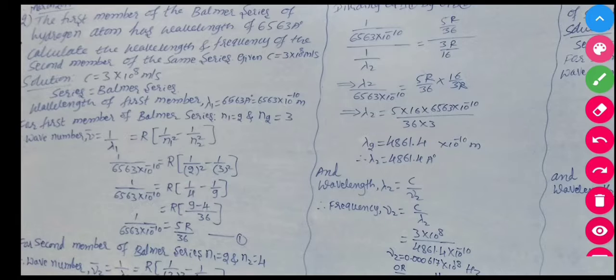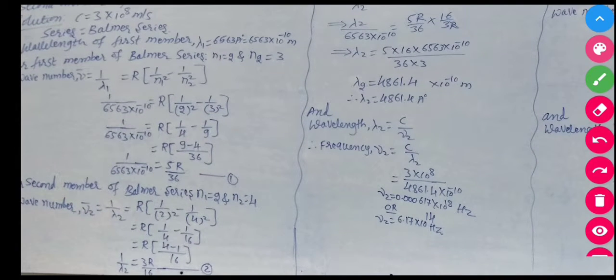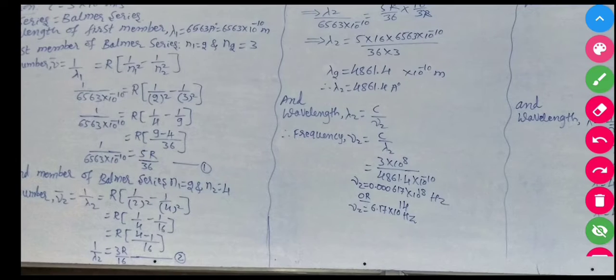We want the frequency, so nu 2 is equal to c by lambda 2. Whatever lambda 2 we got here has to be substituted. The c value is given in the problem itself, 3 into 10 raised to 8 meter per second, and the lambda we got has to be substituted here. Once you substitute and simplify, you are going to get nu 2.